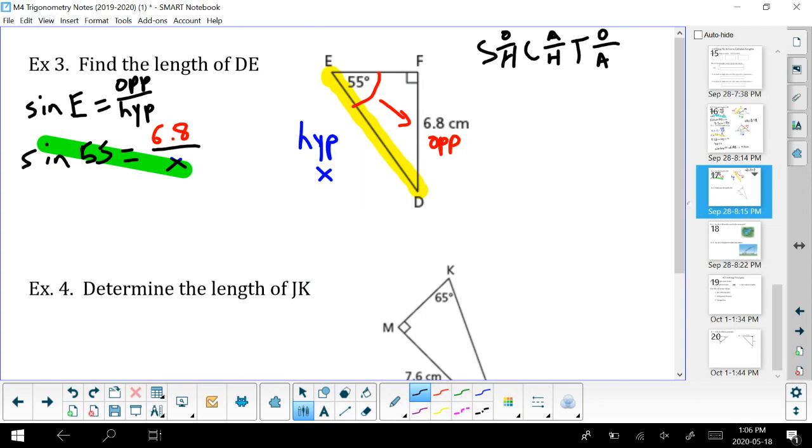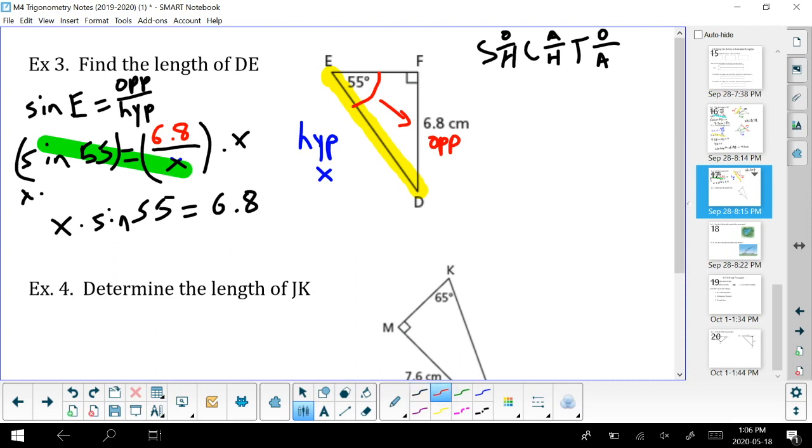I'll just write it down here. We're going to multiply both the left and the right side by x. And we are left with x times the sine of 55 is equal to 6.8.